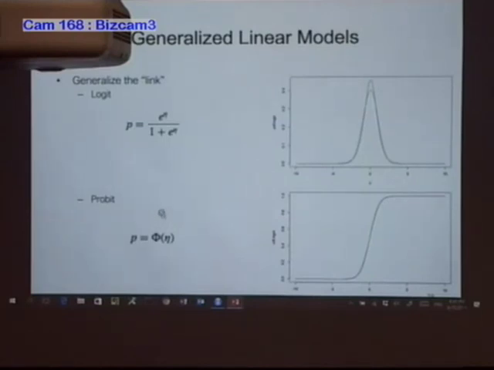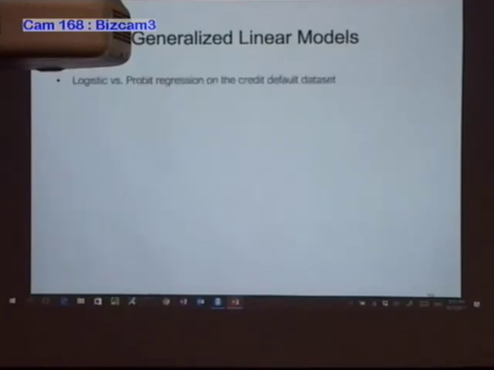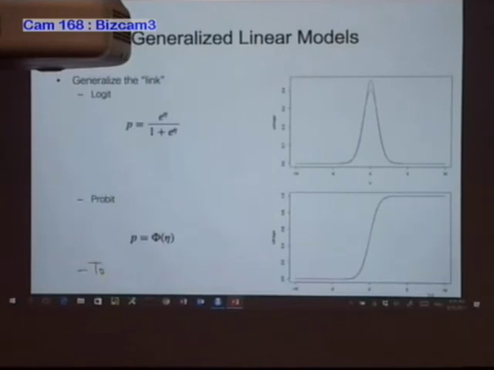There's a probit transformation. There's also a tobit transformation. They somehow come up with all the names like they're from the same family. There's a logit. There's a probit. There's also a tobit. You can check Wikipedia. But all these are different mappings from that infinite range to the 0, 1 range.